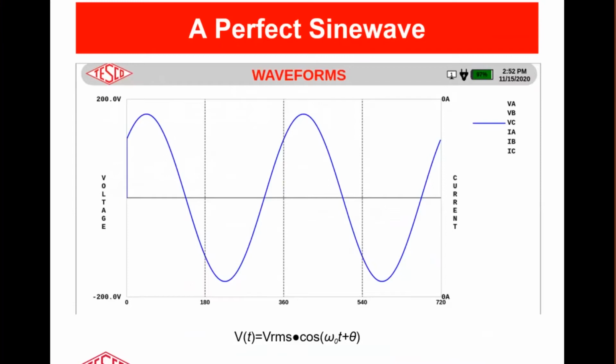A perfect waveform looks like this, a nice sine wave. It has an equation that's the RMS voltage times the square root of 2 times cosine of omega 0 t, where omega 0 is the 60 hertz, and then possibly some phase shift.